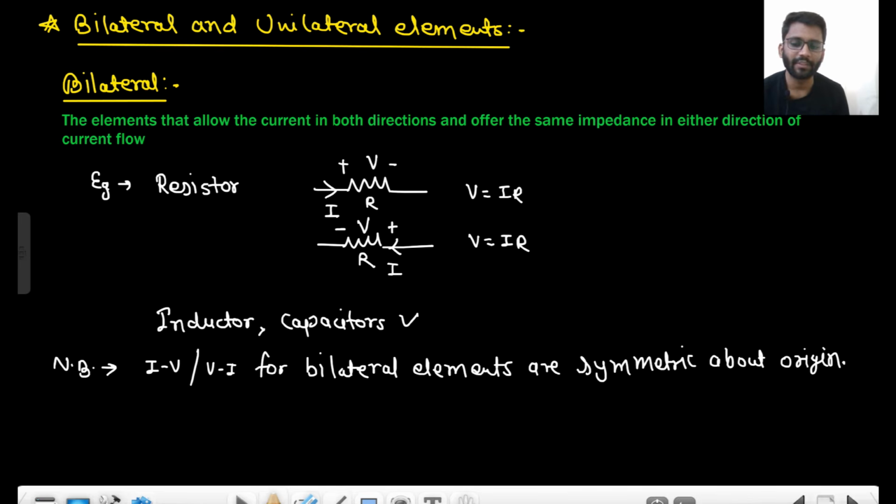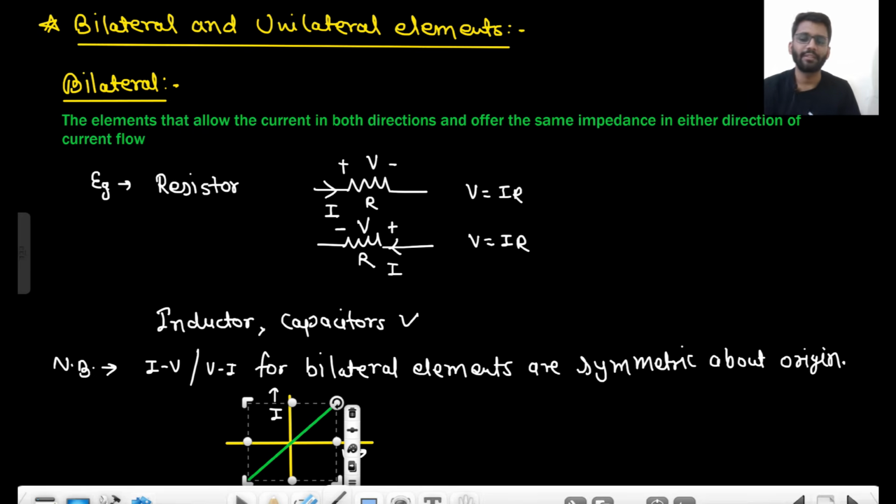So what do you mean by symmetric about origin? Let's make this IV characteristic. This is I, this is V. So this is symmetric about origin.